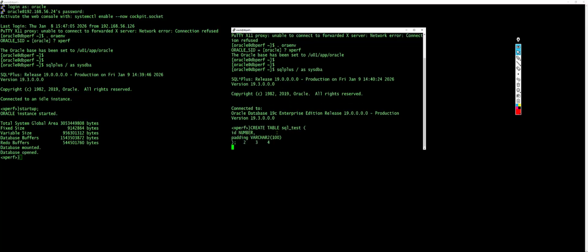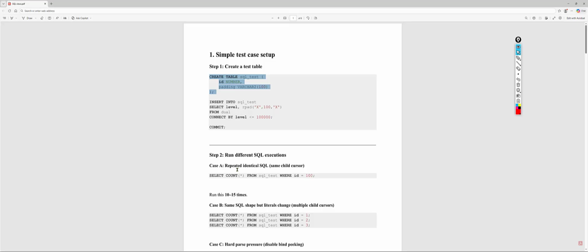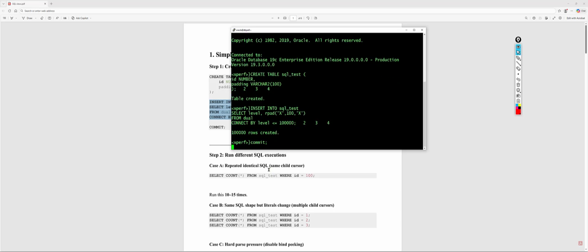Now let us create a table called SQL_TEST, insert some sample data, and commit the transaction.